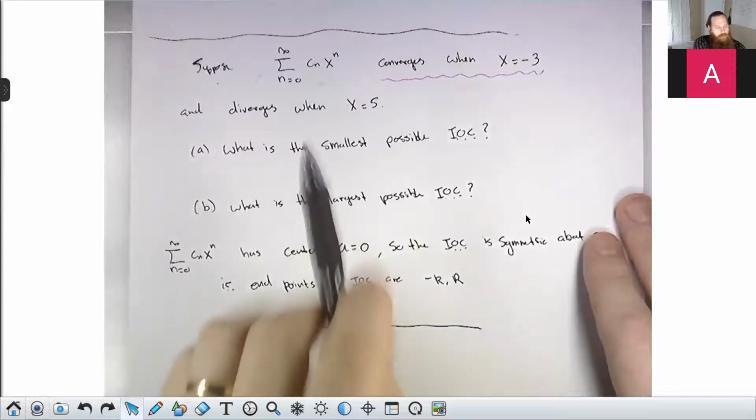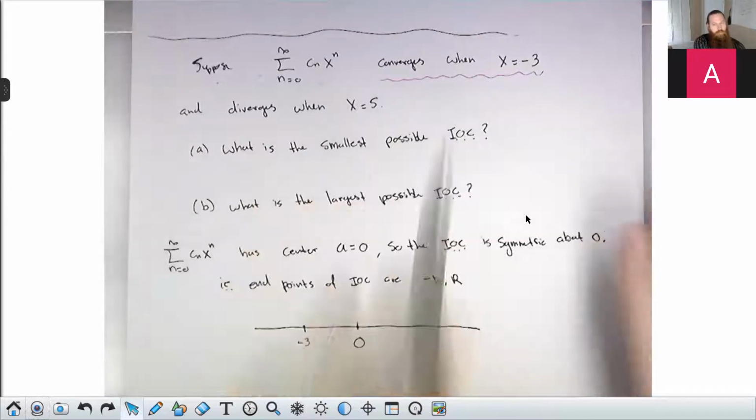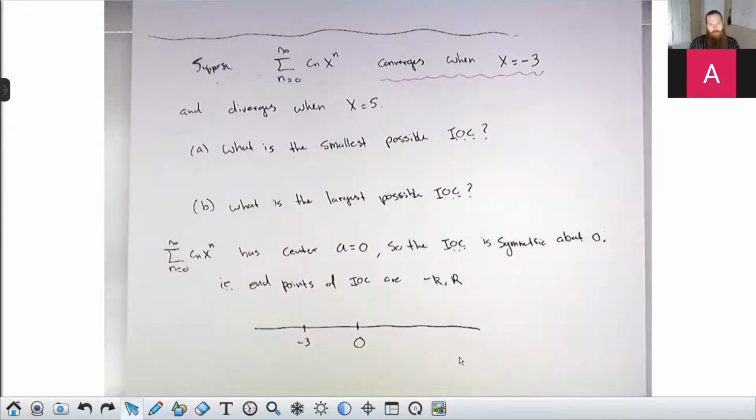If the series converges when x is negative 3, what can you tell me about negative 3 as it relates to the interval of convergence? Yeah, good. Did everybody see Maggie's chat remark there? Negative 3, I like the way you said it the first time, is within r of 0. In other words, this number, negative 3, has to be in the IOC.